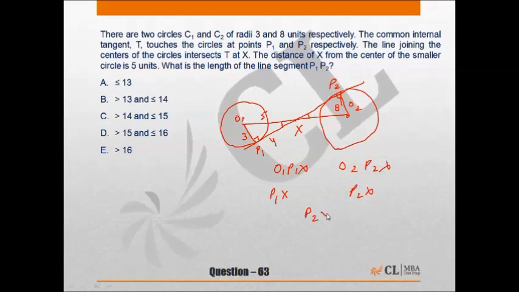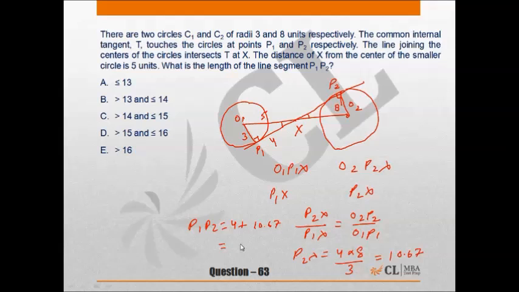From here P2X upon P1X will be equal to O2P2 upon O1P1. From here we get P2X as P1X, which is 4, times O2P2 that is 8 upon O1P1 3. From here we get the value of P2X as 10.67. Therefore P1P2 will be 4, that is P1X, plus 10.67 which is P2X.